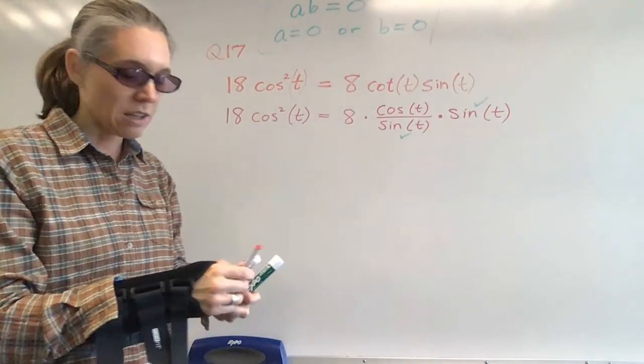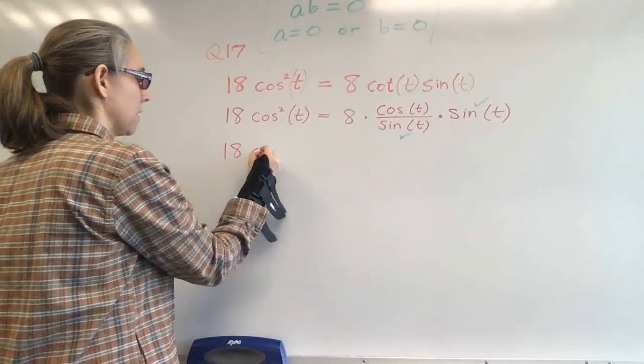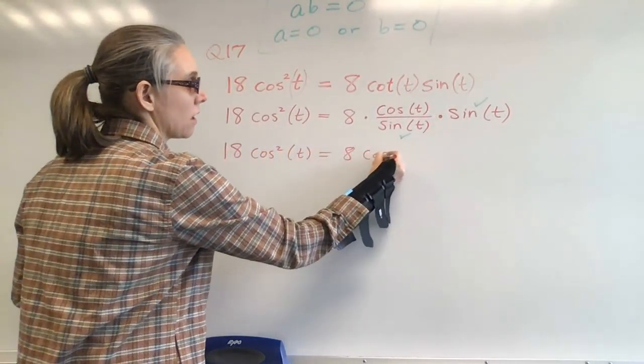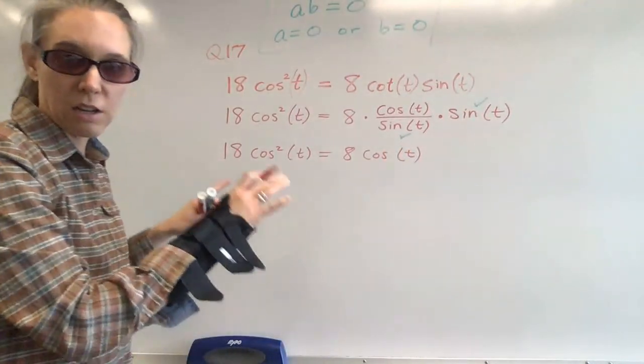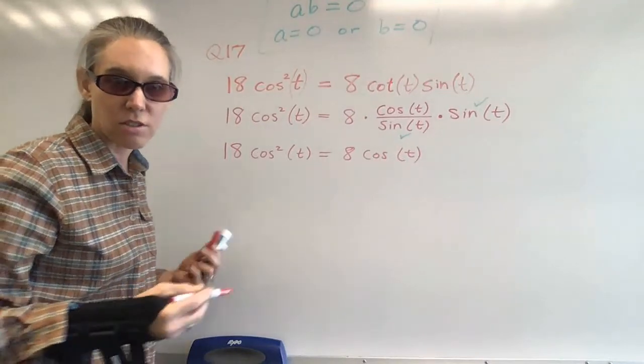Okay, so now the good thing is we just have a plain old 18 cos squared t is equal to 8 cos t, and now that I only have one function, I will get everything on one side and factor out the GCF.